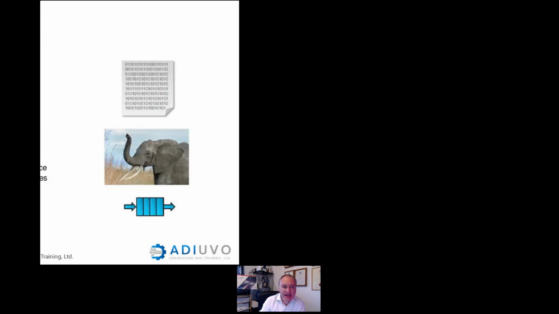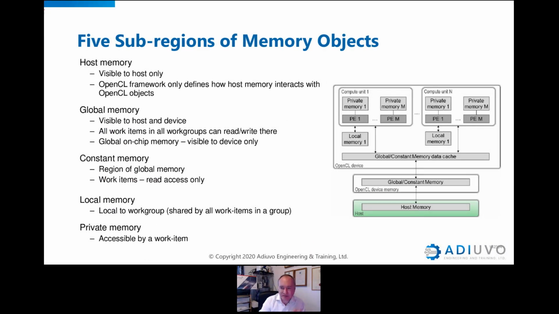It gets a little bit more complex than that, because we actually have five subregions of memory objects. We have the host memory, which is available only to the host. We have global memory and global constant memory, which are available to both the host and the device, and to the acceleration kernel.